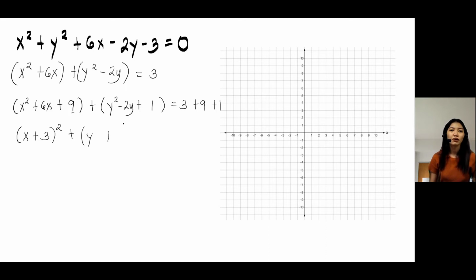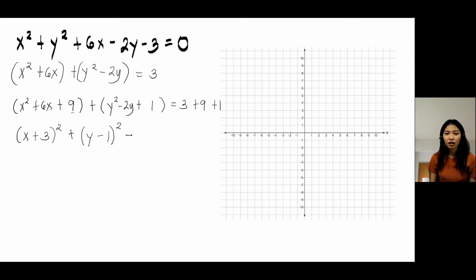Okay, so what will be the operation? Kung ano ang operation ng second term, that will be the operation of our binomial. So since the operation of our second term is subtraction, that will be subtraction. Okay, so minus. Don't forget the exponent 2.